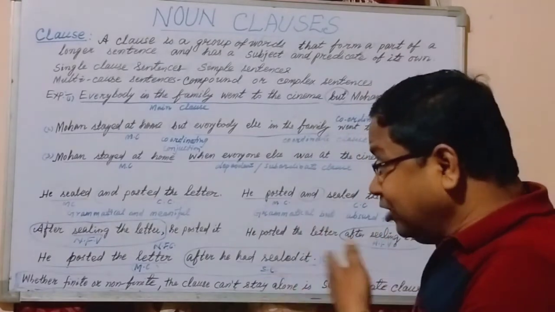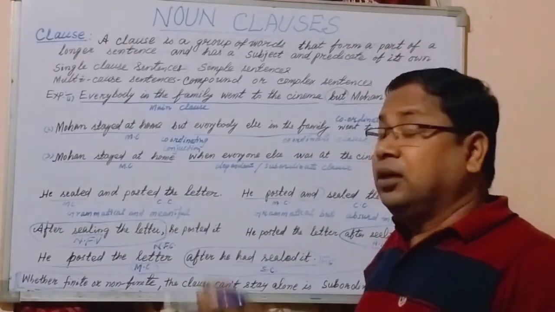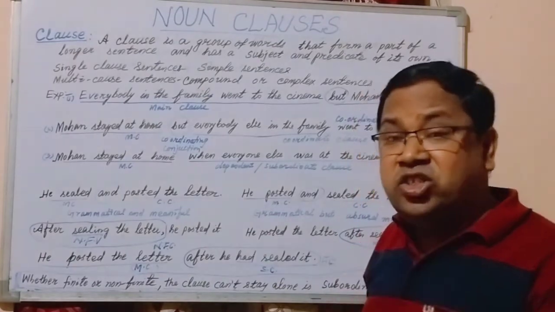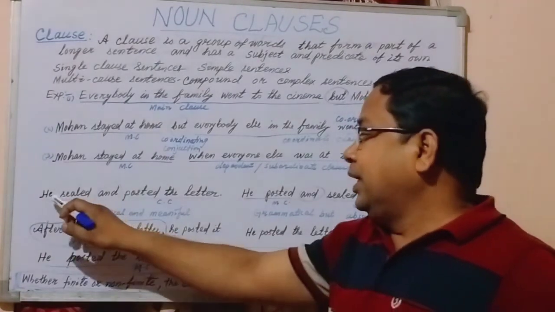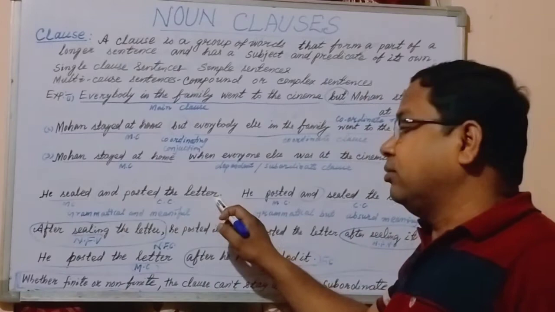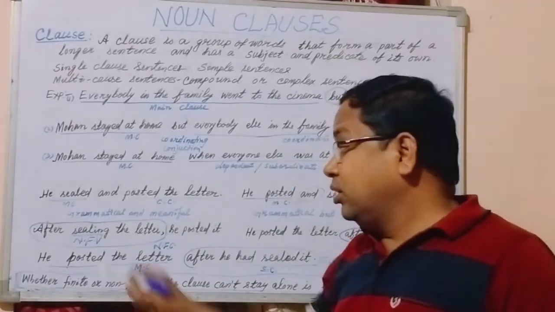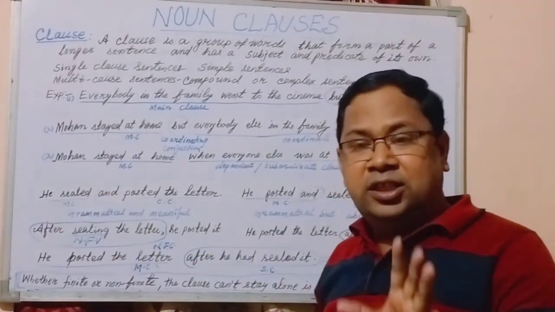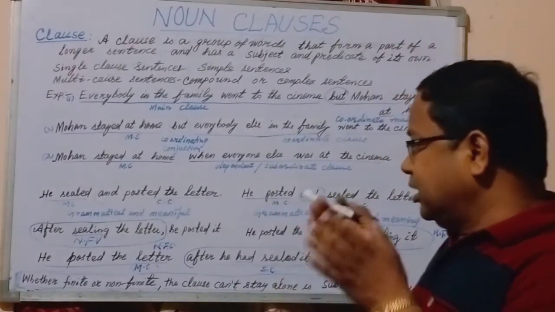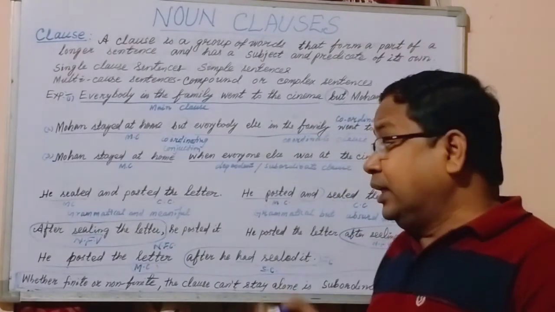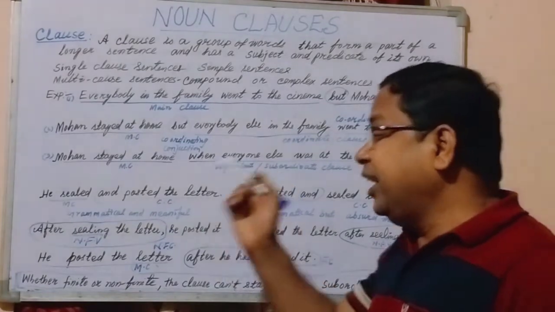But in another example you see here, the reverse is not possible. How? He sealed and posted the letter. As we have discussed, he sealed is a simple sentence. Also, it can be called a main clause.